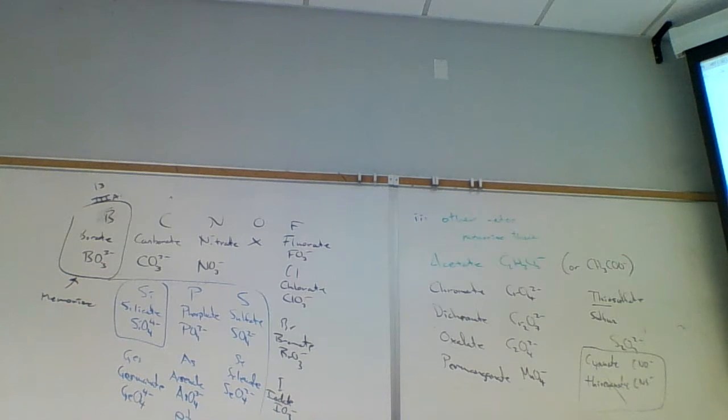So let's look at SO4 2 minus: sulfate. SO3 2 minus is called sulfite. NO3 minus is nitrate. NO2 minus is nitrite.